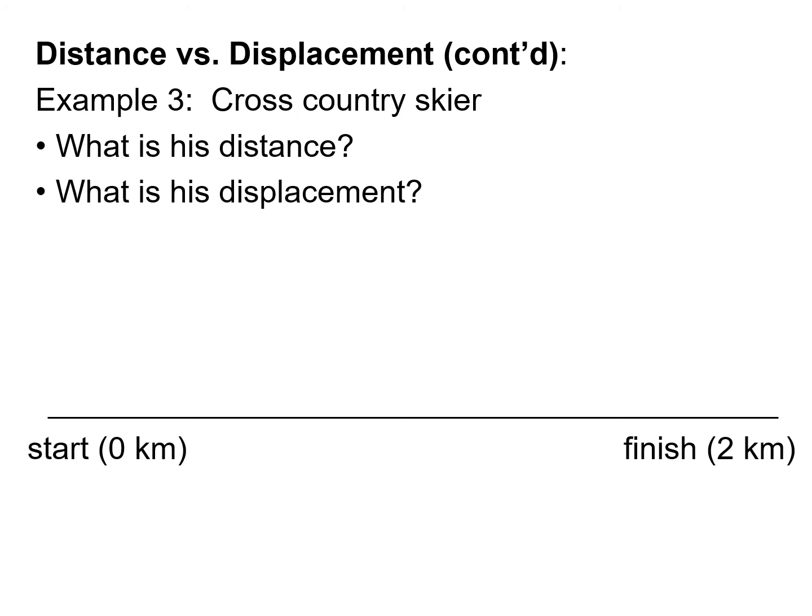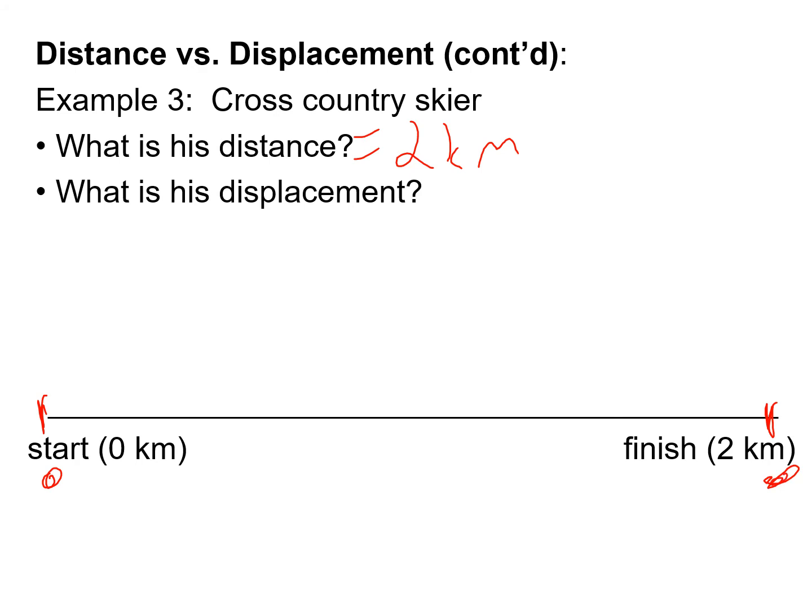So let's look at a third example, okay? Let's take the case of a cross-country skier. For this activity, they started at 0 kilometers and finished 2 kilometers away. So what is their distance? Well, they started at 0, ended at 2. So it's 2 kilometers. What is their displacement? Now ask yourself, is this spot different than this spot?